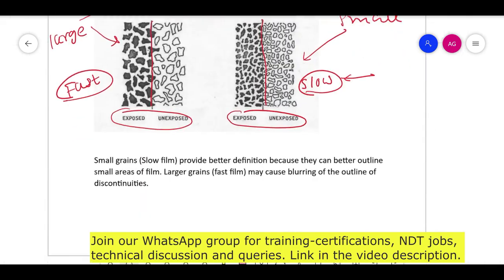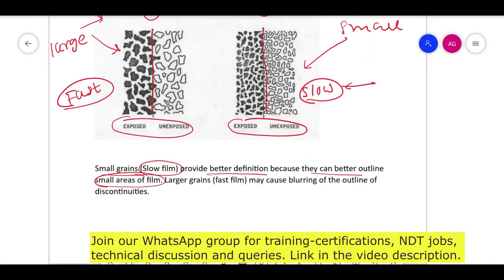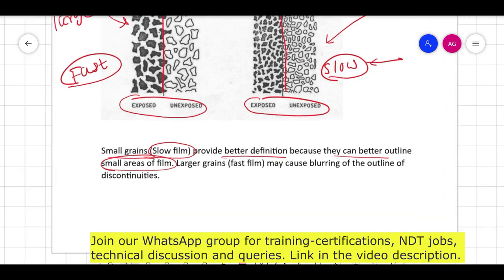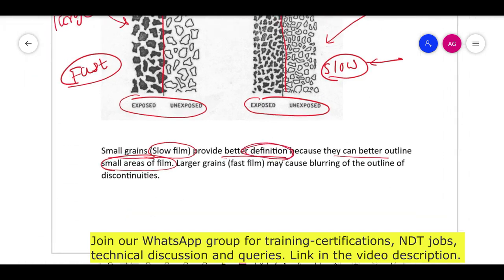So small grains, which is called slow film, on the right side, provide better definition because they can better outline small areas of film. So you will easily get small areas in it. That means the definition is good in this case. Large grain causes blurring of the outline of discontinuity in fast film.